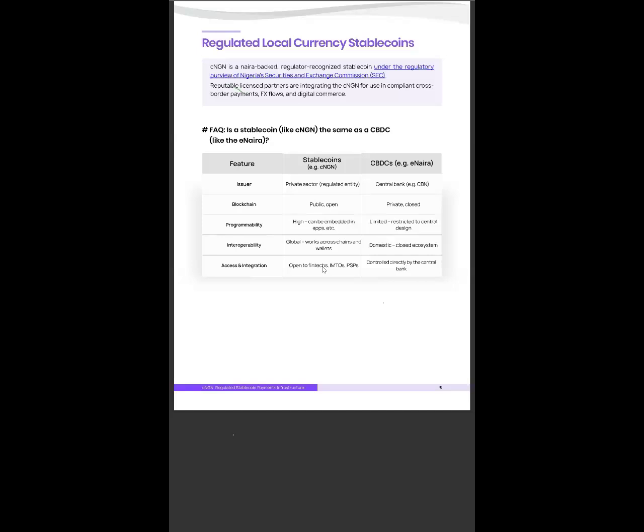I find it much easier and less stressful than doing transfers in banks. And I'm also hoping that with the African free trade arrangement, we could have something like cNGN or other stablecoins playing a part in those transactions across Africa.